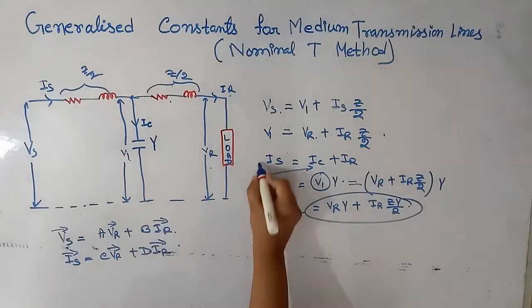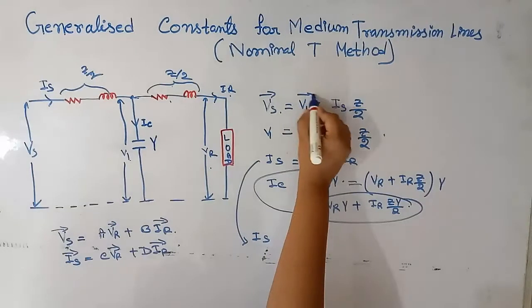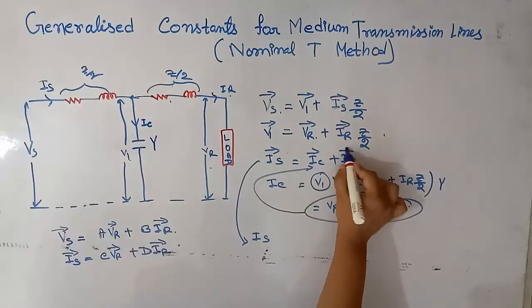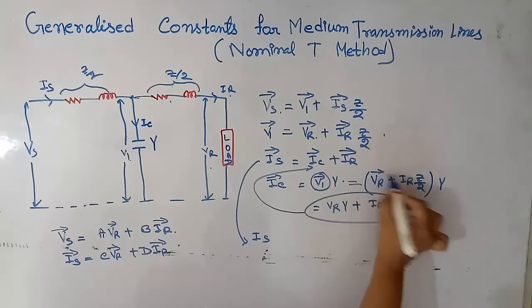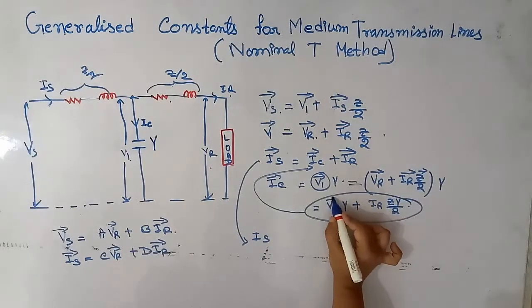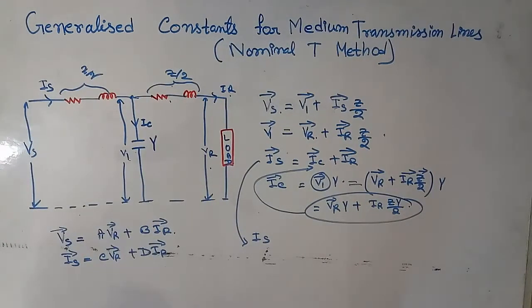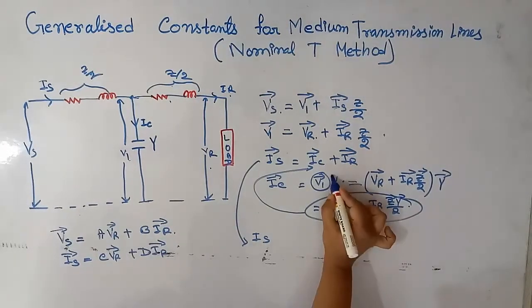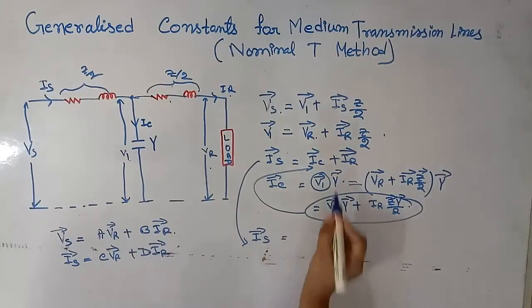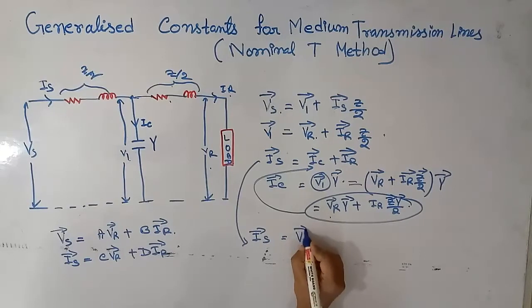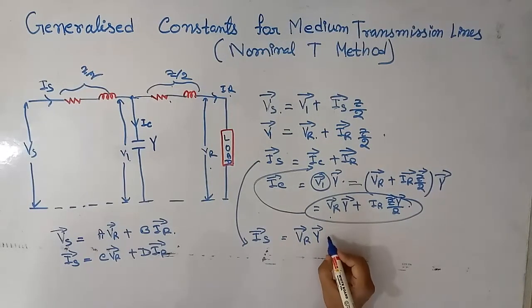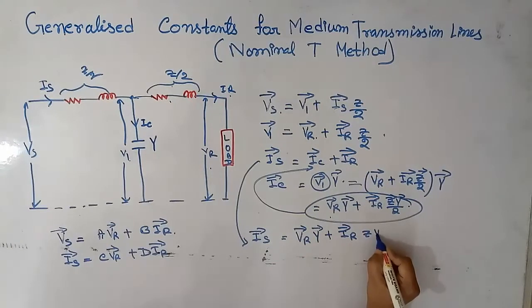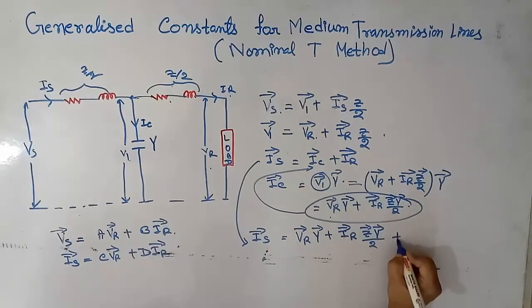So Is is equal to, put the value of Ic, that is Vr Y plus Ir ZY by 2, plus Ir.